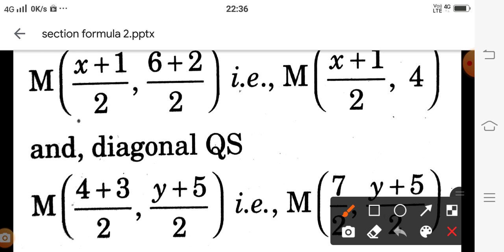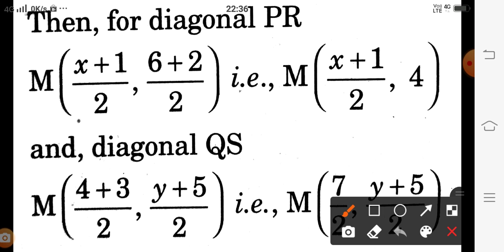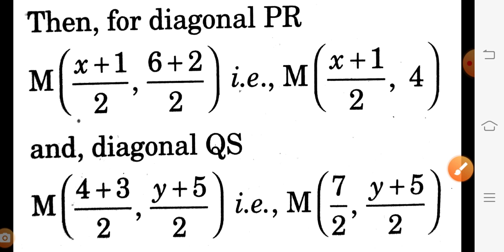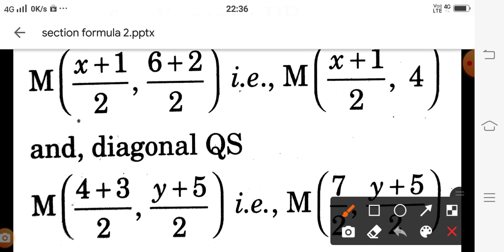Then if you are doing the same, the coordinates of M we are getting, first from PR, as (x plus 1) upon 2, and the y coordinate we are getting as 4. Similarly, from QS we are getting 7 upon 2, and the y coordinate we are getting as (y plus 5) upon 2. And these are equal.